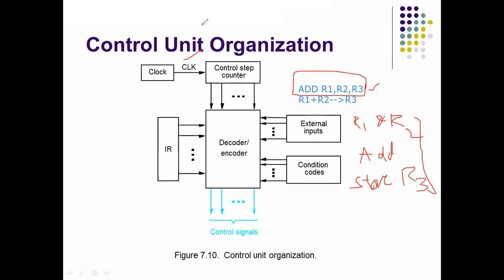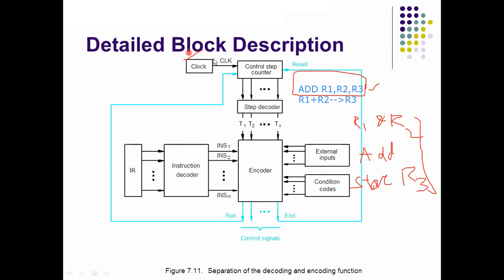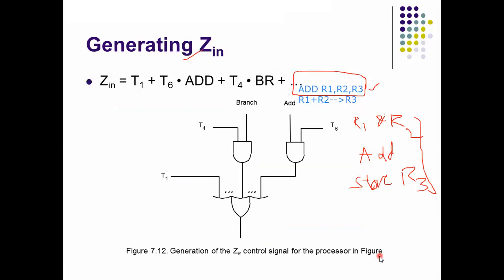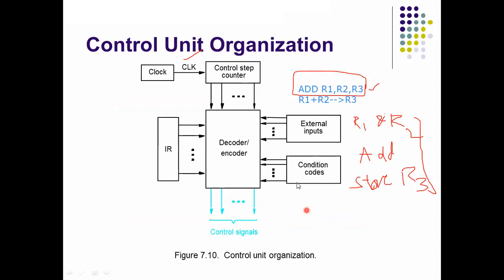Now if you take the detailed structure for this hardwired control unit, this is a detailed block description. See here, IR is there. That means this has the instructions. Suppose you are taking this instruction, add R1, R2, R3. Those instructions are given to the instruction decoder. If you observe this diagram and the previous diagram, what are the extra blocks here?